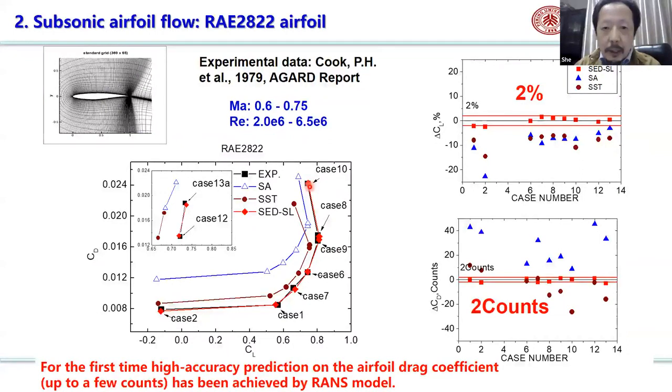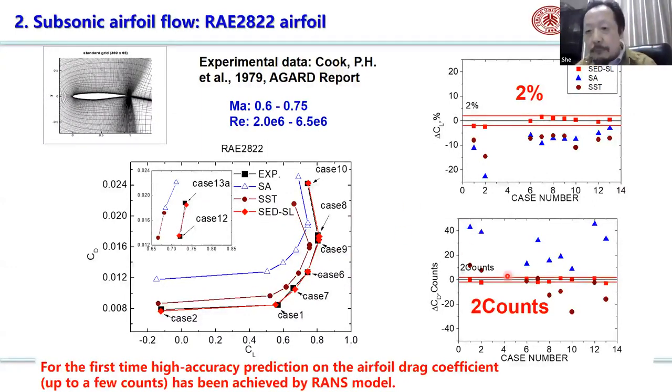The experimental data are the black squares, and the red squares are our prediction. In contrast, the so-called SA model and SST model, the 2 most industrially used ones, have significant deviations.